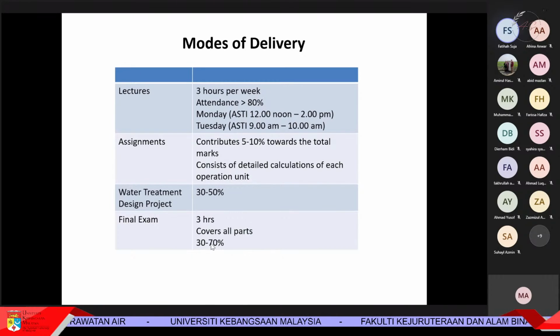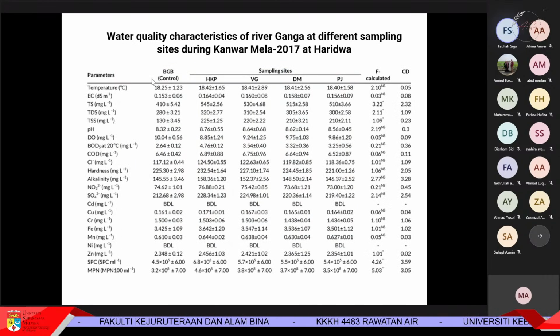the water treatment plant project, I will show you. This is the water quality characteristic of River Ganga at different sampling sites during 2017. So these are the parameters of the River Ganga. Let's say you want to use this river water and treat it using your treatment plant.